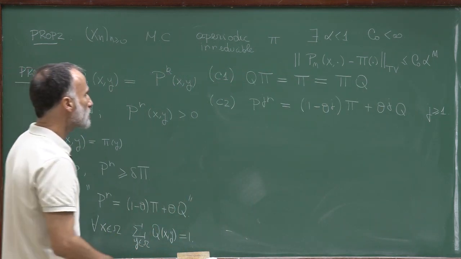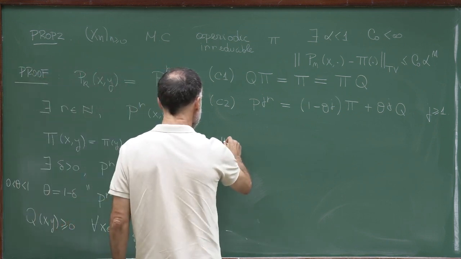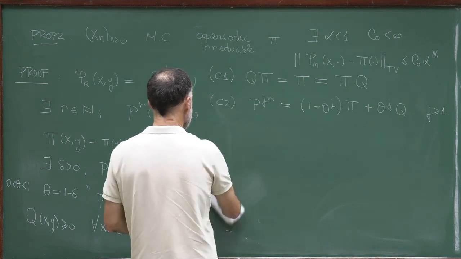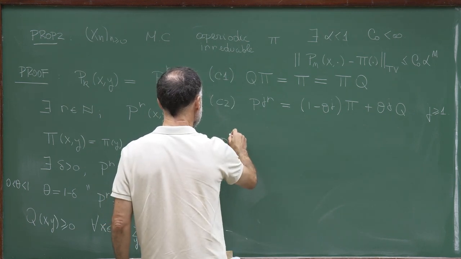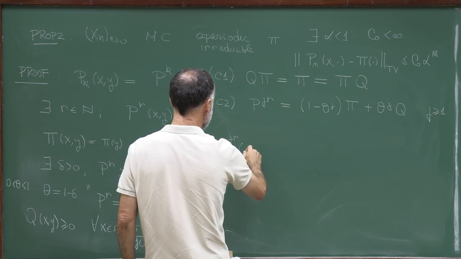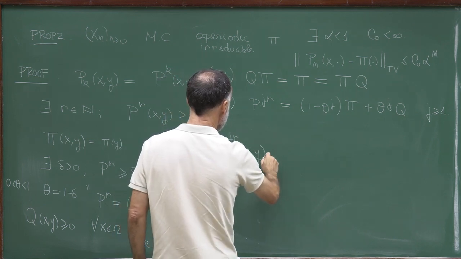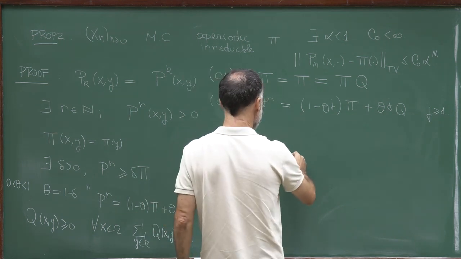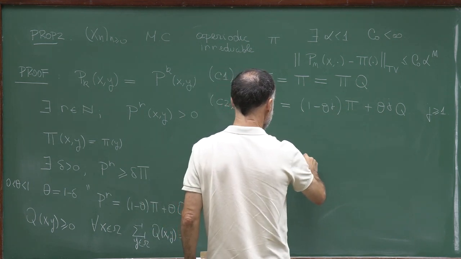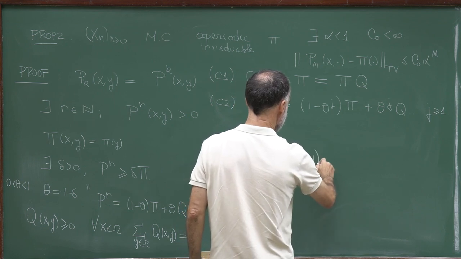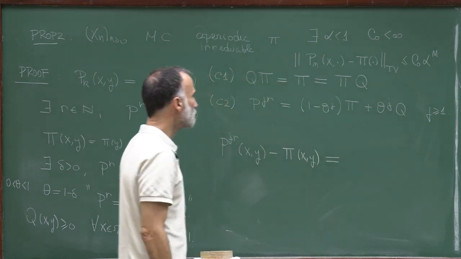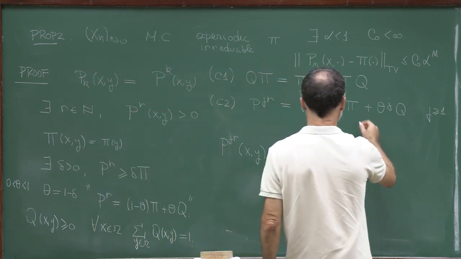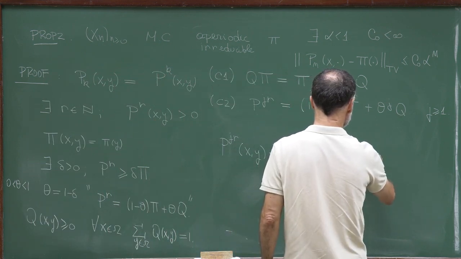So I first would like to estimate P^jr(x,y) minus pi(x,y). You see that this is equal to theta^j q minus theta^j pi.